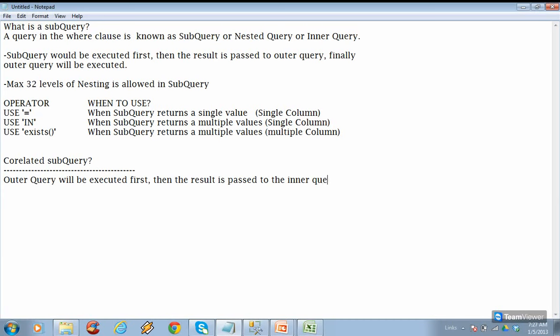So this is how it will happen. Executed first, then the result is passed to the inner query. The subquery is executed again and again. Here you need to understand the second point very clearly.